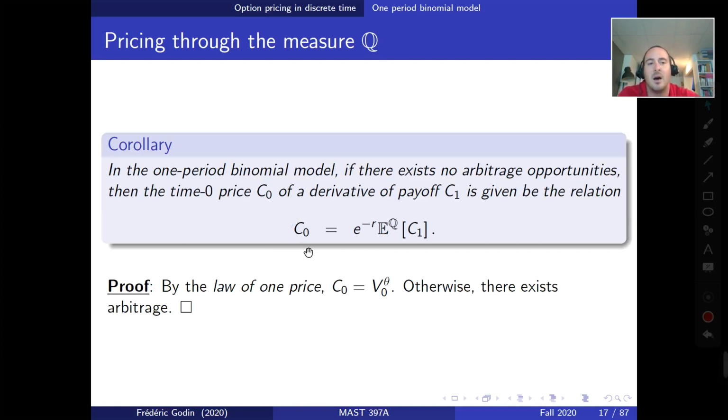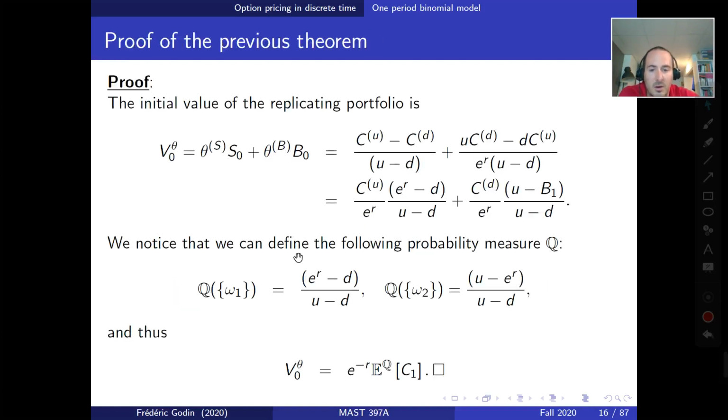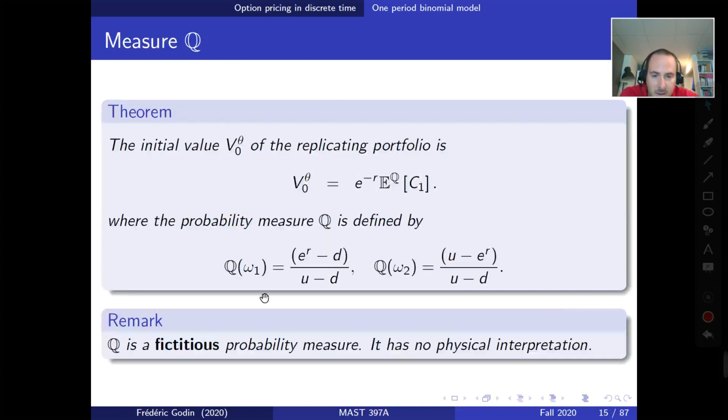Okay, so the price of any financial instrument or any derivative in that market is given by the discount factor times the expectation of the payoff of the derivative, but the expectation is not under P, so the probabilities are not P and 1 minus P, but these probabilities under the Q measure defined artificially according to this equality here. If we go back here, it's this equality.